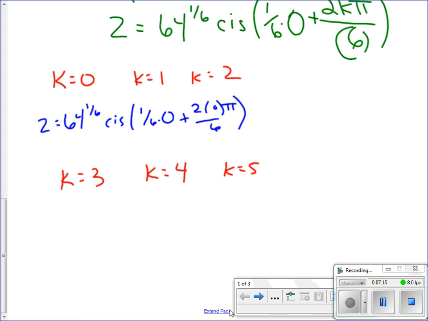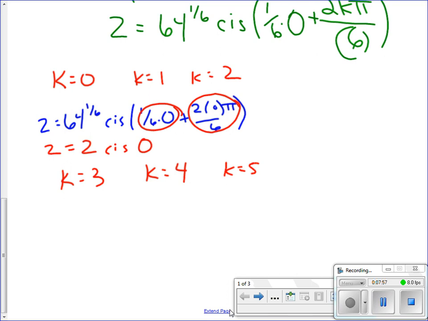So I'm going to use my calculator to simplify this, and I'm going to find out that 64 to the 1/6 power, typing this into my calculator, that's the number 2. That's going to be the same for all of them, so I can just skip that step now for the rest of them. Cis 1/6 times 0 is 0. 2 times 0 pi over 6, that's 0. My final angle is 0. So that's when k is 0. That's one answer out of 6 total.